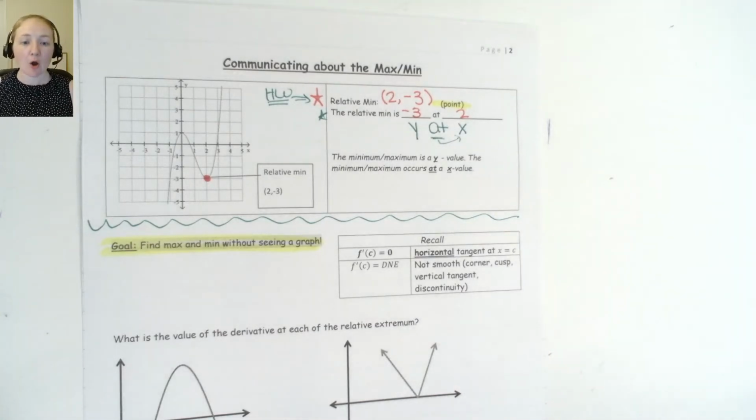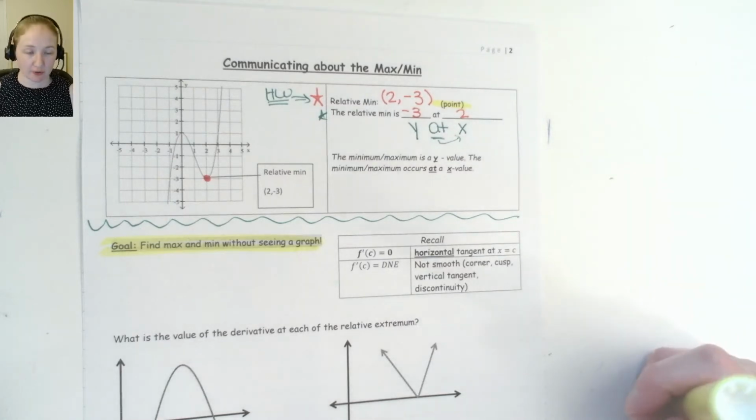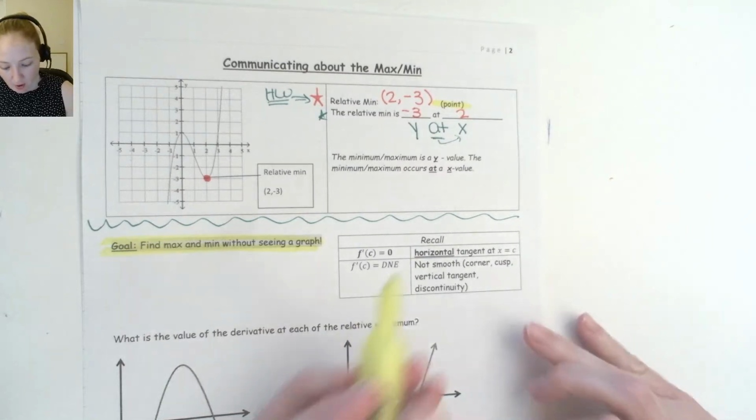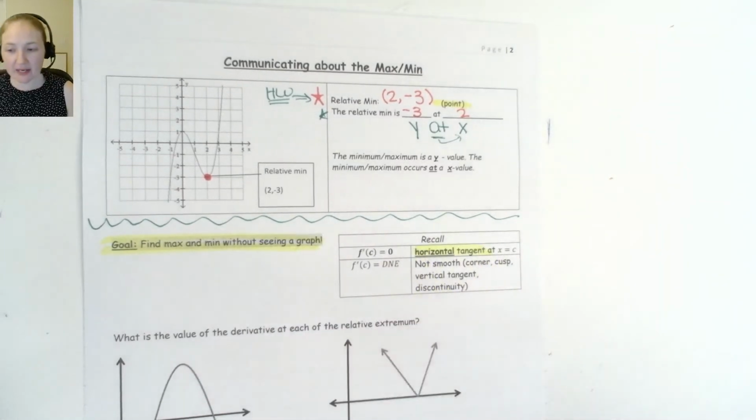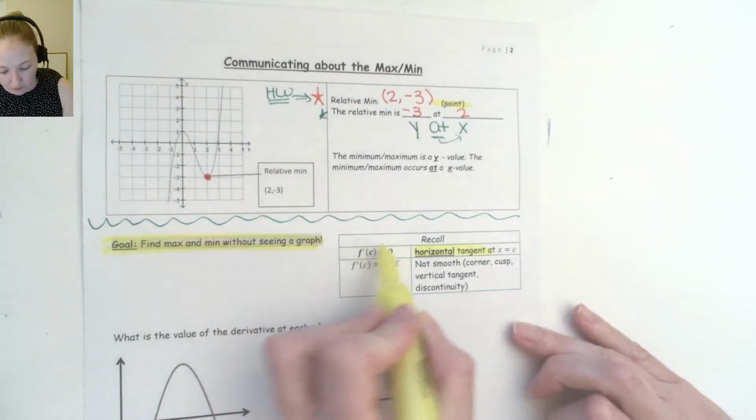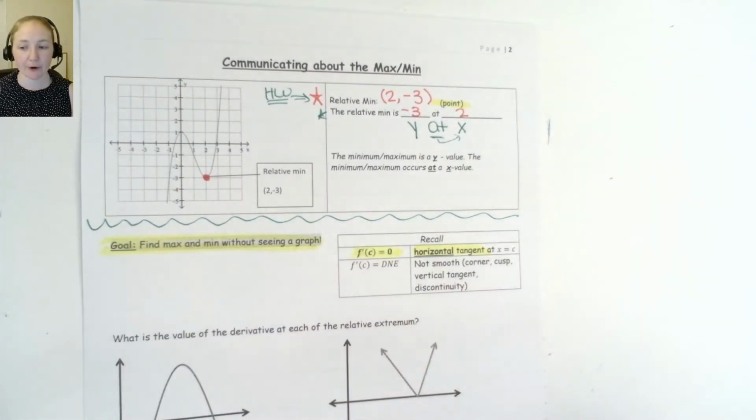All right, so with that goal of trying to identify the max or min without seeing the graph, we need to recall two things. The first thing is when we have a horizontal tangent line, you might remember in test 2 that kind of random question where it said find the points where it has a horizontal tangent. To do that, we set the derivative equal to 0.